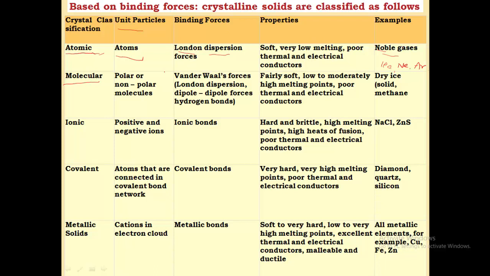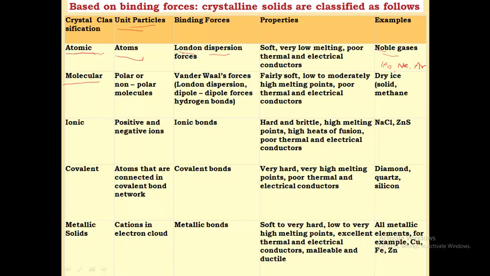Next one is molecular solids. Here the constituent particles, that is unit particles, may be polar molecules or non-polar molecules. Based on that, molecular solids are classified into polar molecular solids, non-polar molecular solids, as well as hydrogen bonded molecular solids, which you have already learned.